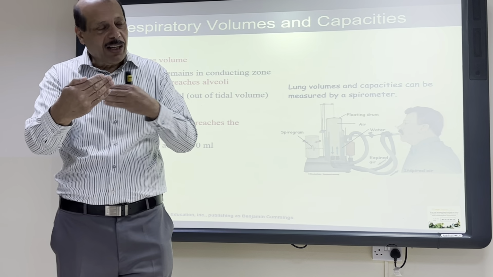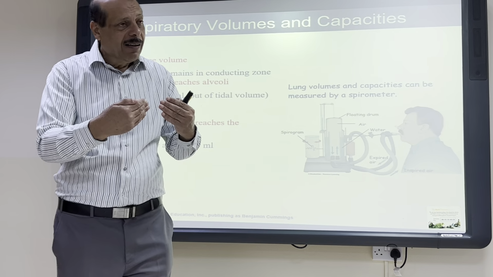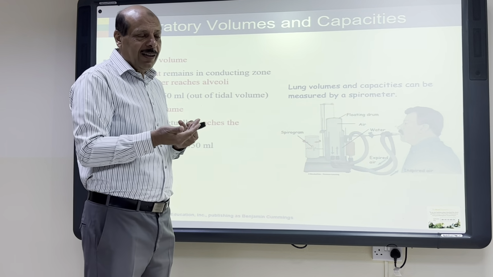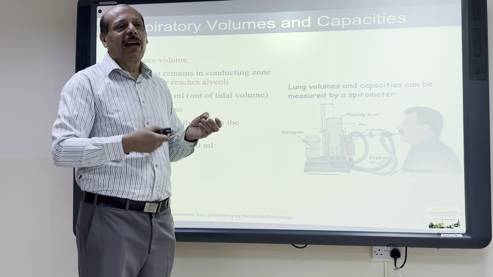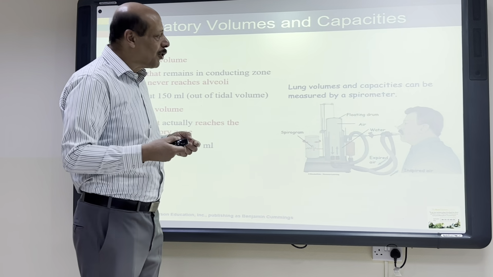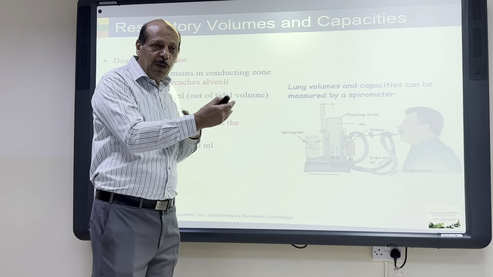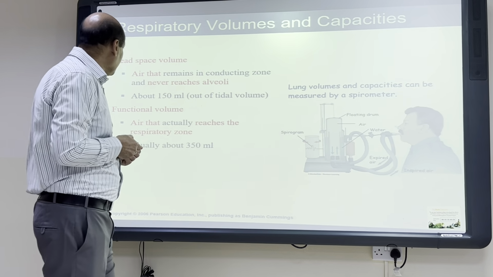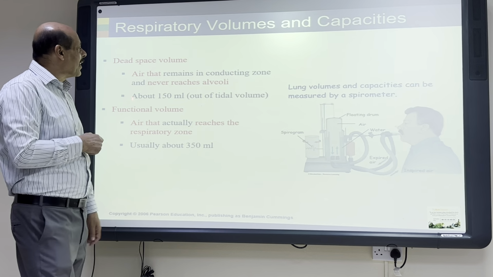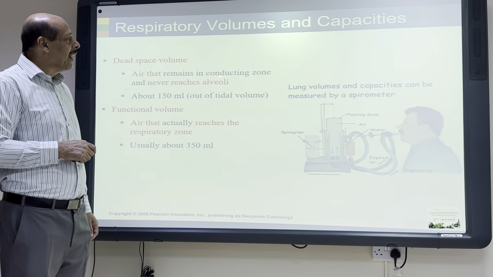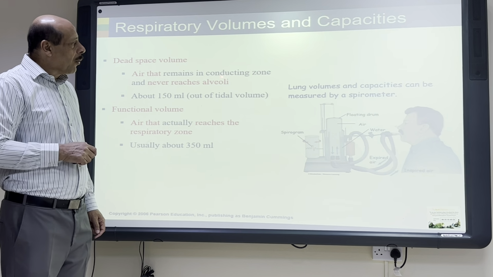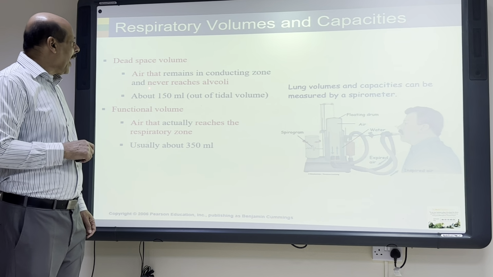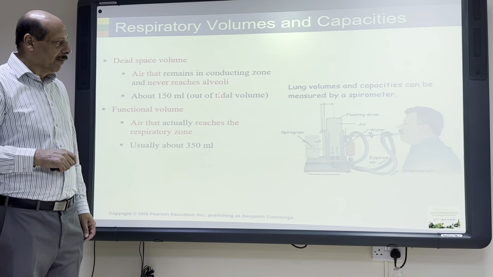So the exchange will be easy. But in the bronchi and the trachea, there is no exchange. There is mucous membrane, mucous lining, epithelial tissues. So there is no exchange of air on this side. So the dead space is the air that remains in the conducting zone and never reaches the alveoli.